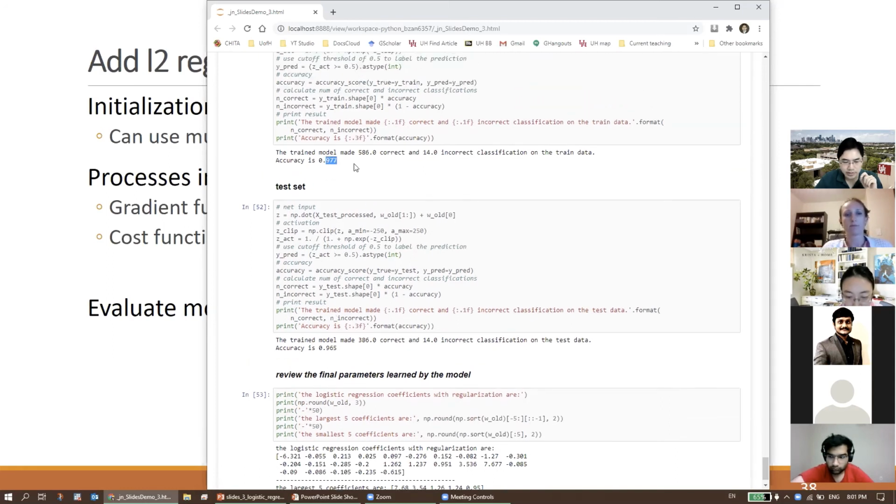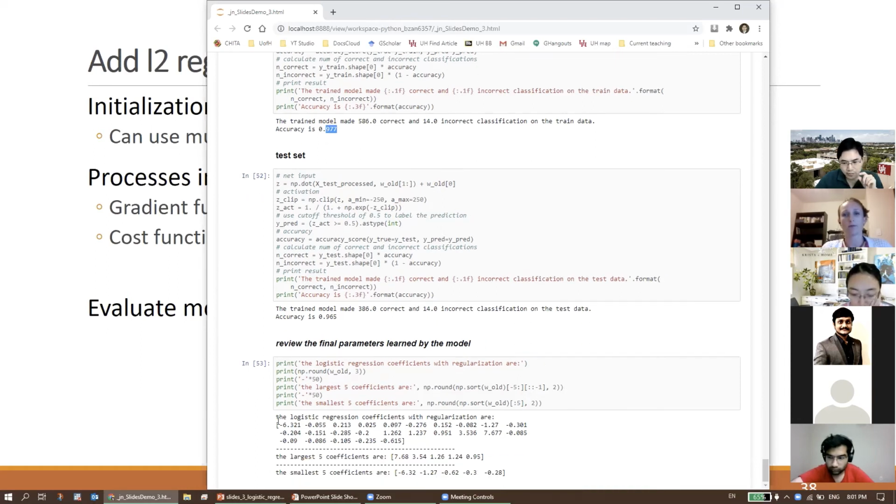train set performance. On a real life data set, on a less perfect data set, you can see a bigger difference between a model that has regularization and the other model that doesn't.